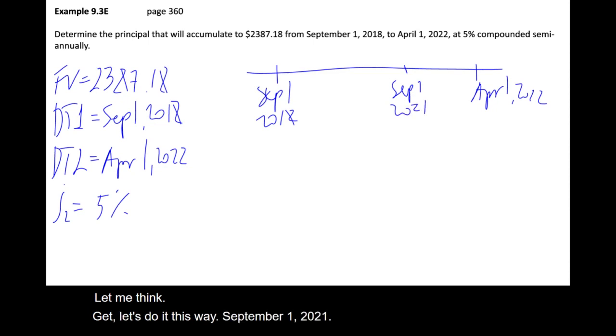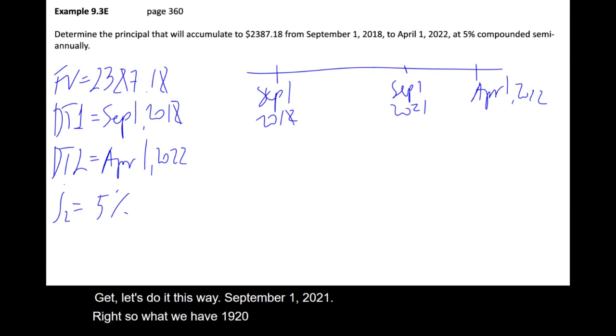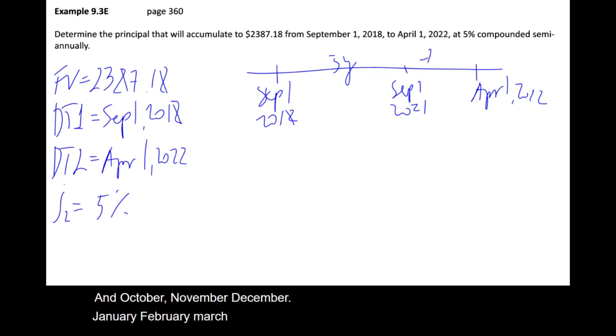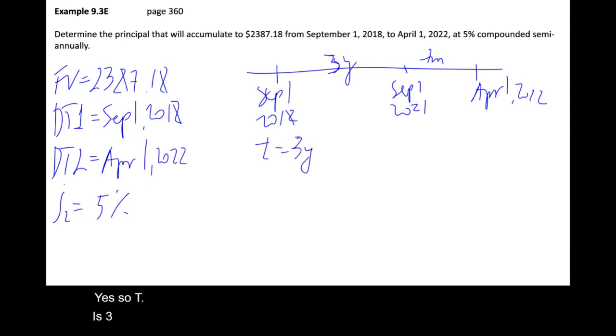So what do we have? 19, 20, 21. T, we have 3 years here. And October, November, December, January, February, March, April, 7 months. Yes, people, please confirm my calculations. Yes, so T is 3 years, 7 months.